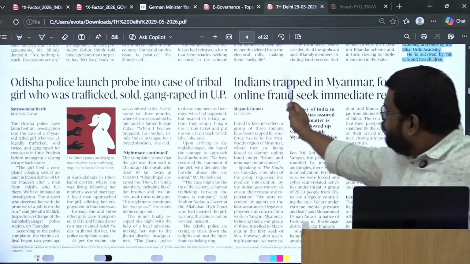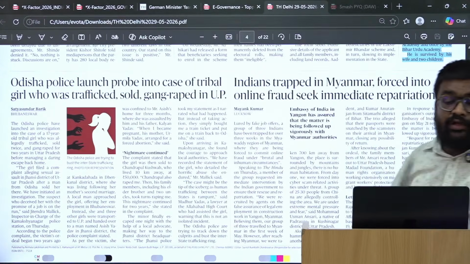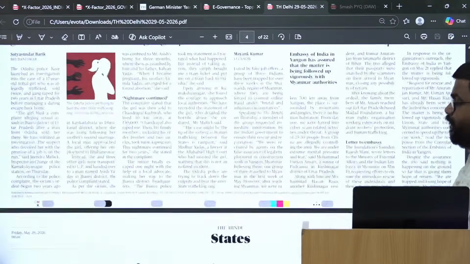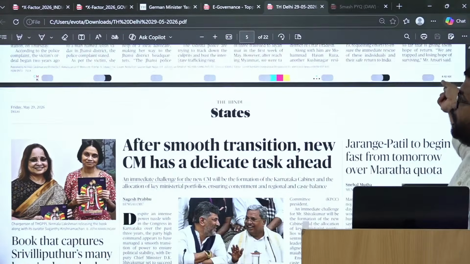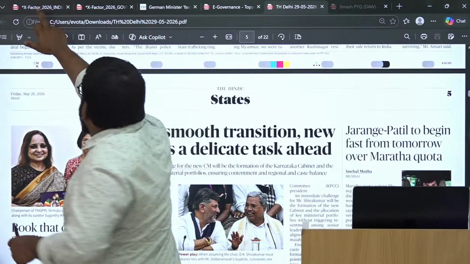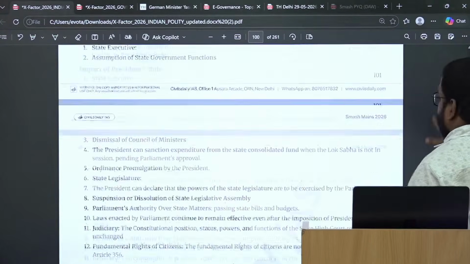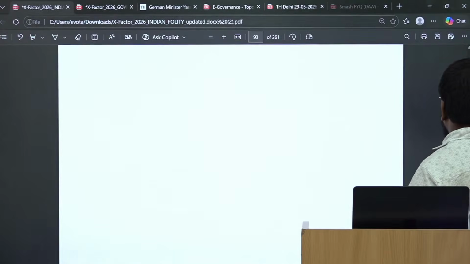So these two news, both news are related to the human trafficking. You got your examples. Okay, human trafficking anyway is covered in our X factor. So this is your X factor. Human trafficking was a expected theme because recently Supreme Court has provided the guidelines on this.